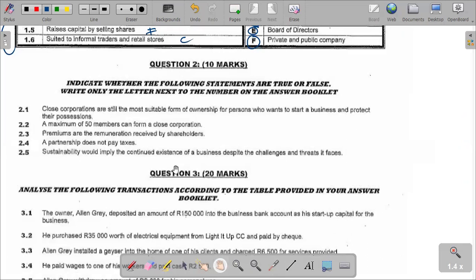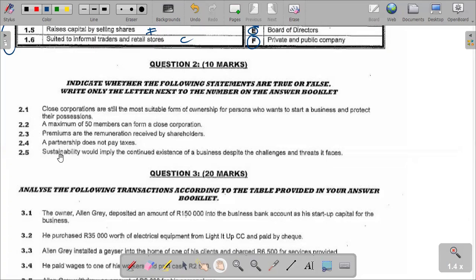2.5 says sustainability would imply the continued existence of a business despite the challenges and threats it faces.